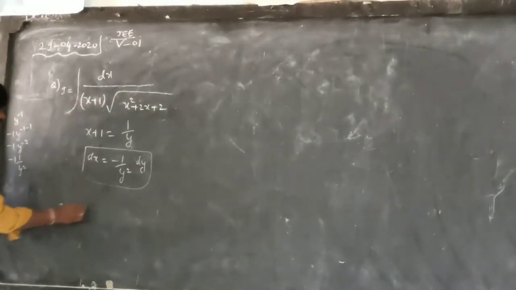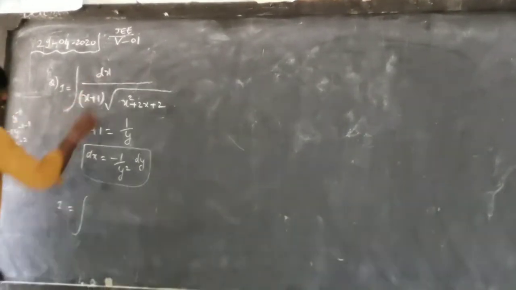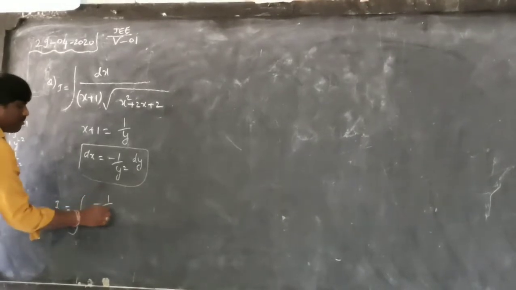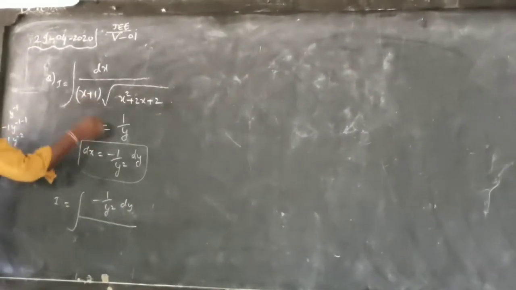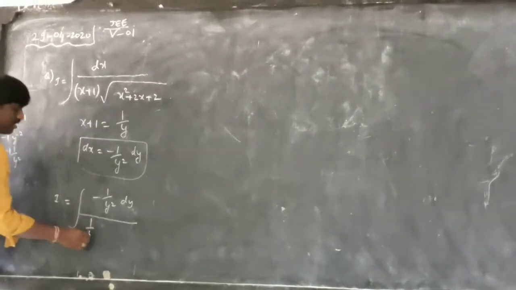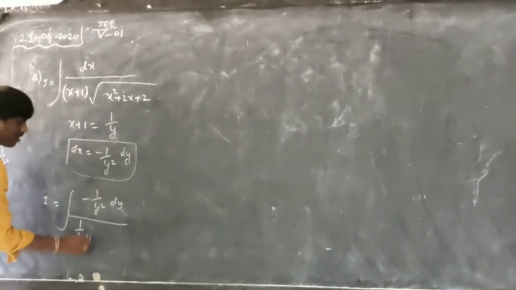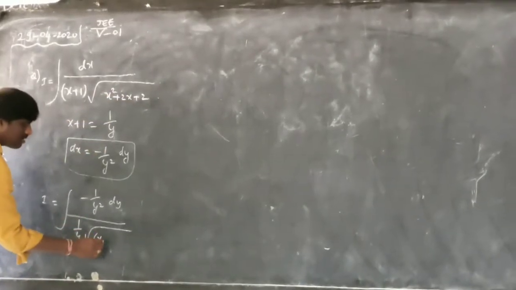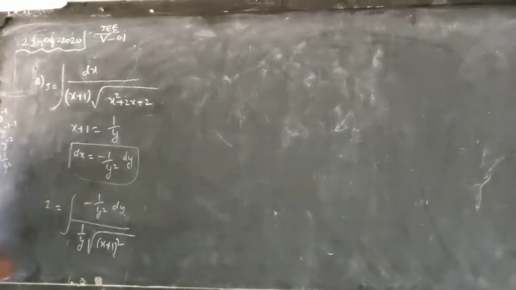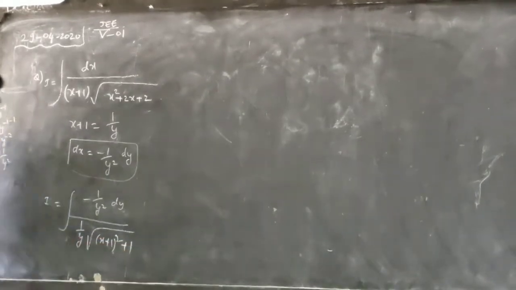I is equal to, I can write as, dx can be replaced as minus 1 upon y square dy divided by x plus 1, which is nothing but 1 by y, under root of, this can be written as x plus 1 whole square plus 1. That is the way you need to write.